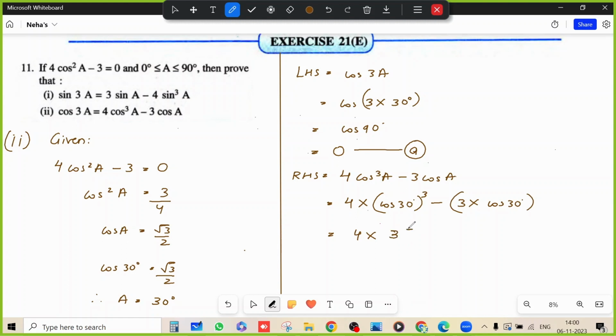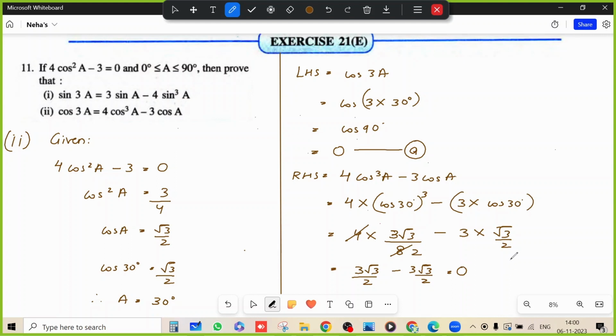So this will become 3 root 3 by 8, as we have a cube over here, and the second part will become 3 into root 3 by 2. Now here 4 and 8 will get cancelled out. So this will become 3 root 3 by 2 minus 3 root 3 by 2, which is equal to 0. And this becomes our second part of the equation, that is b. Now from a and b, we can conclude that the left hand side and the right hand side are equal, and hence we have proved.